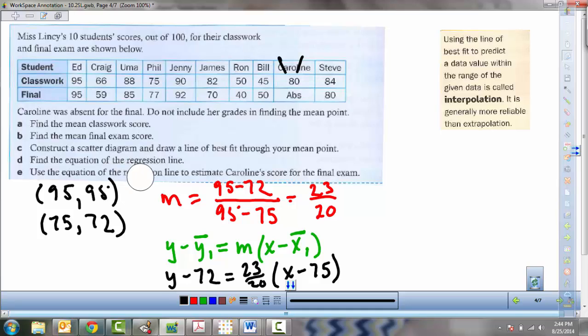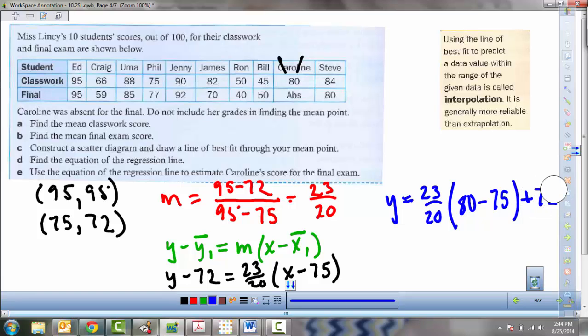Now we're going to use this equation to estimate Caroline's score for the final exam. Well, how do we do that, guys? Well, we plug in x equals 80. So y, her exam score, equals 23 over 20 times 80 minus 75, and I'm adding the 72 onto this side, and we can take a calculator and easily find out.